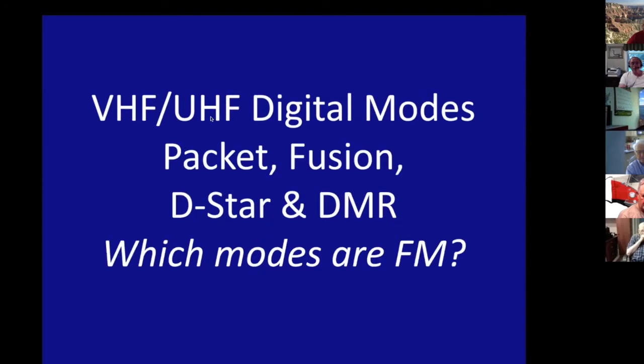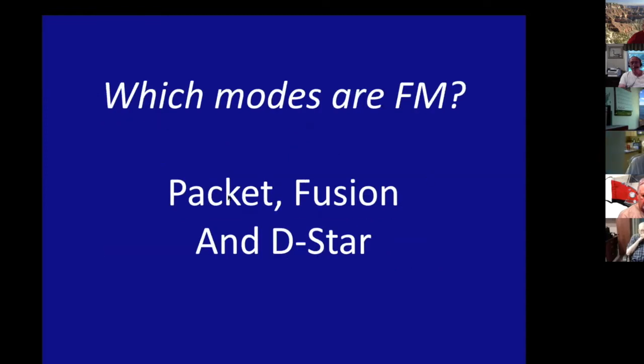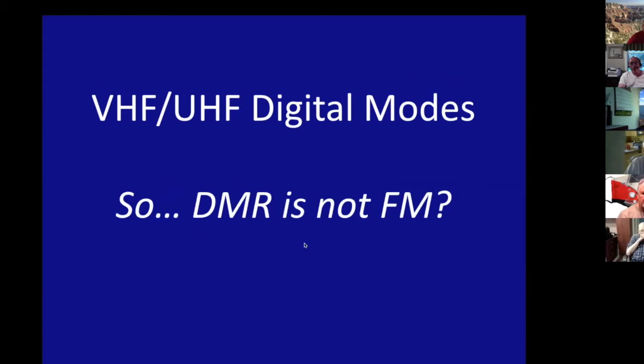The VHF, UHF digital modes are packets, Fusion, D-Star, and DMR. And which of those are FM? Well, packet, Fusion, and D-Star are FM. Does that mean that DMR is not FM? Well, it's not FM in the way that we have used it in the past.